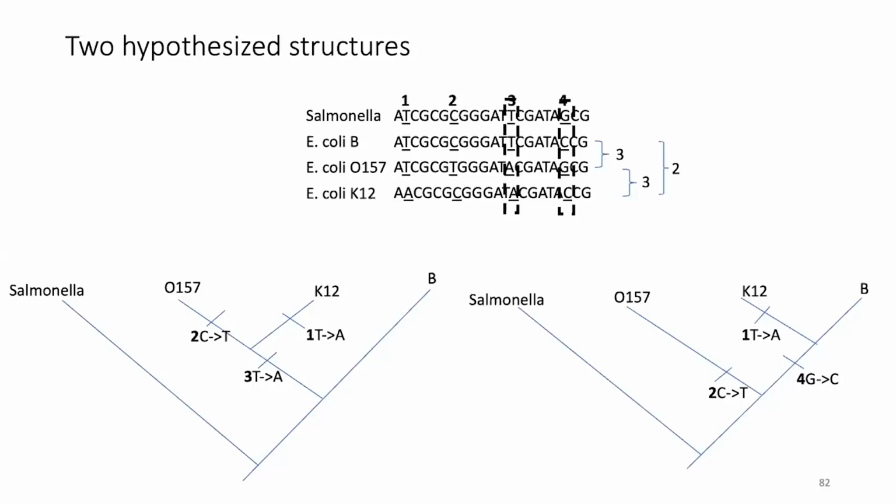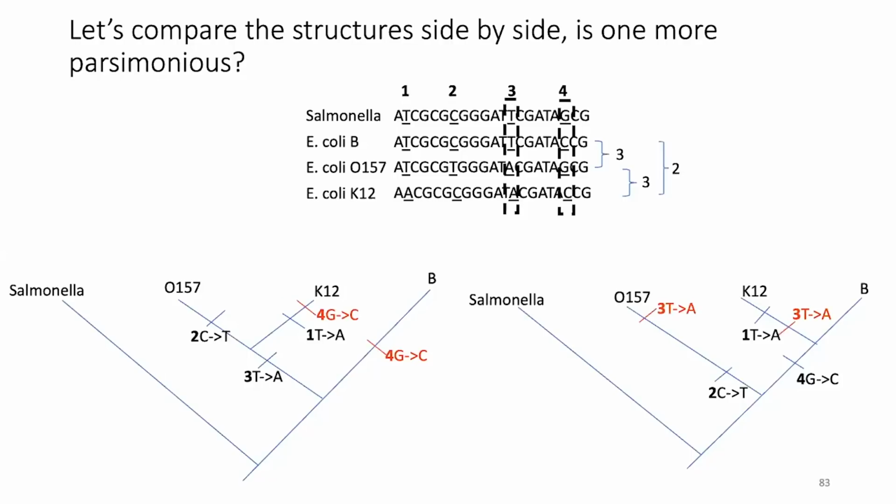And maybe this is a scenario where we can't just sequence more DNA. And so when we look at them side by side, they have the same number of mutations, so they're equally parsimonious. There is homoplasy in both of the phylogenies, but there's no way around it.